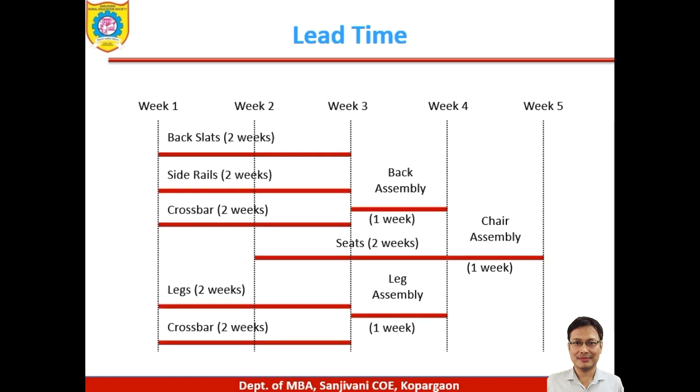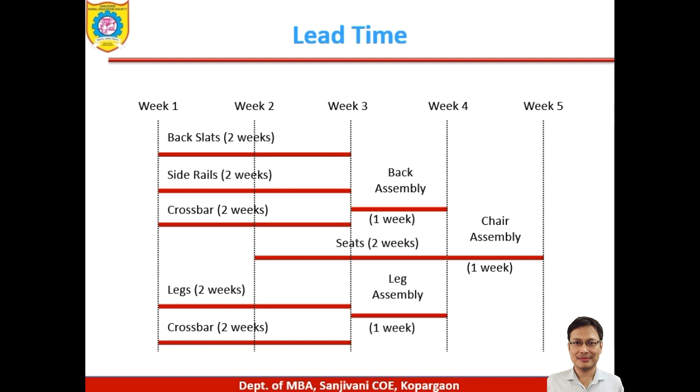Now coming further backward, the back assembly comprises three components. One back assembly will require three back slats, two side rails, and one crossbar, which takes 2 weeks to be manufactured or produced.